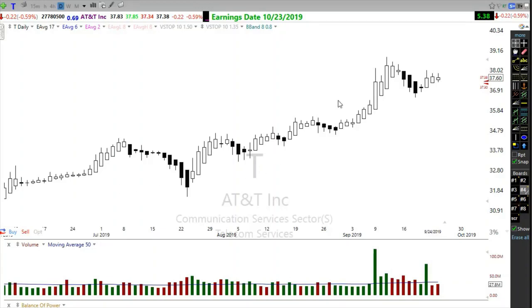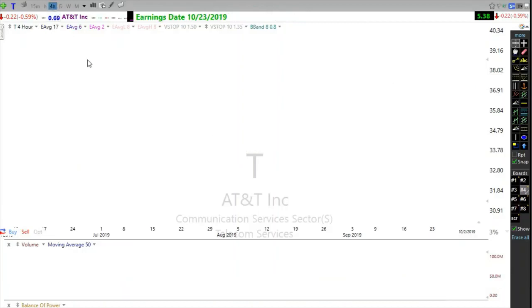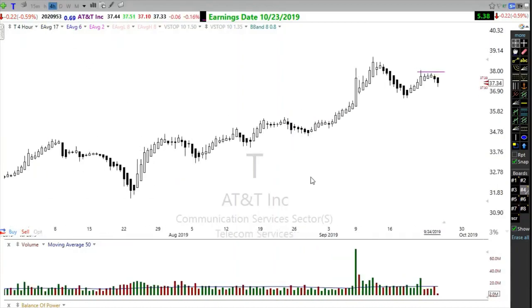So I'm going to use the same AT&T chart and let's look at a 4-hour chart. The 4-hour chart has trends. It has support, resistance, everything that we see in every other chart, but it's cleaner. It's more organized because of the average of these candles.